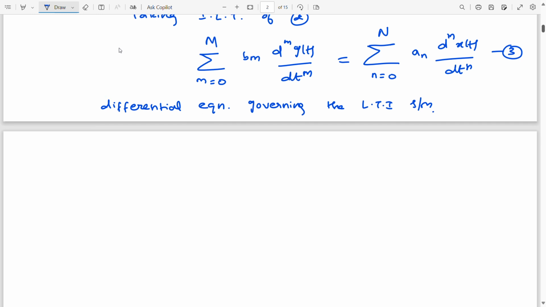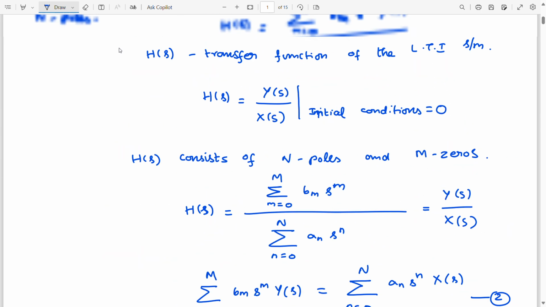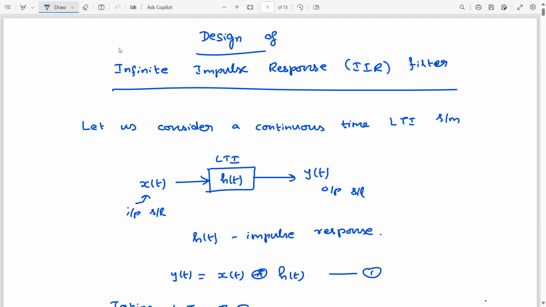And the poles and zeros are represented in the S-plane, and here our intention is to design the digital infinite impulse response filter.